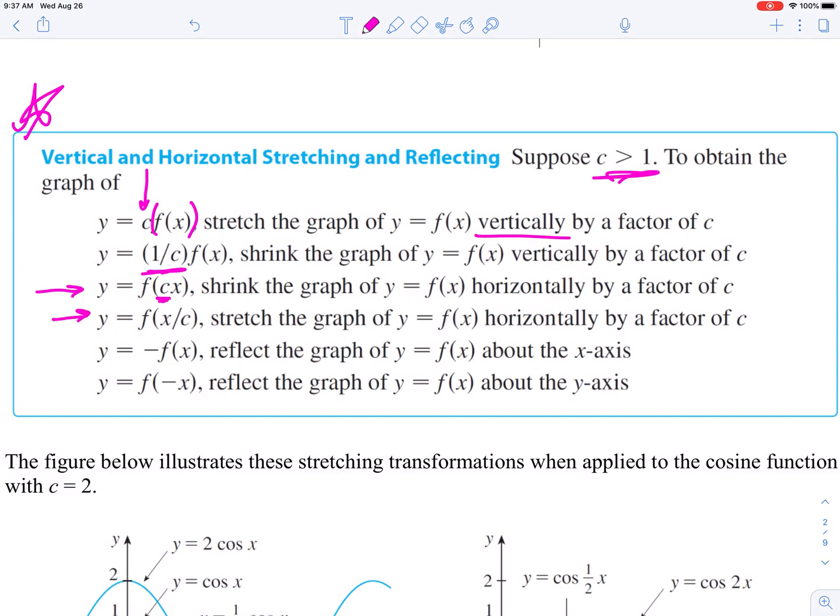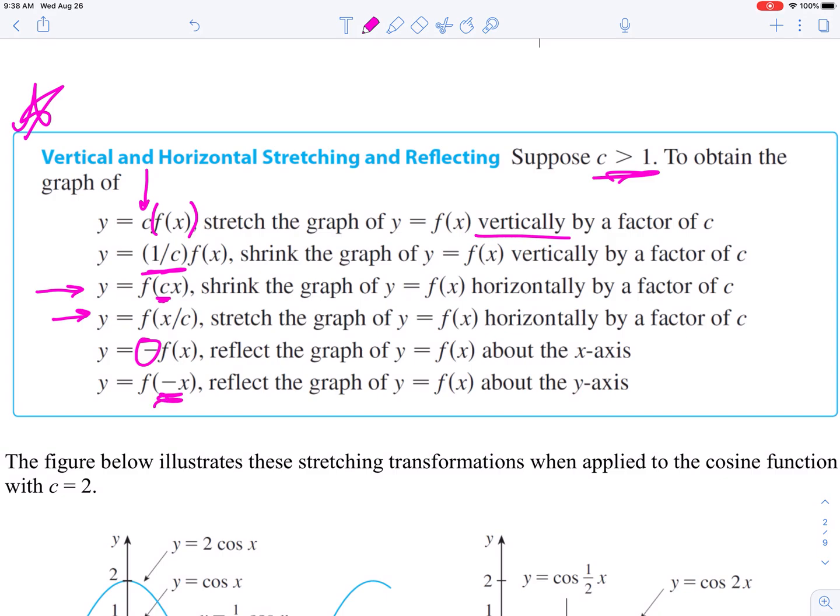Putting a negative in front of the function flips about the x-axis, because in other words, you take any y value and change its sign. So if it was above the x-axis, it now goes below, and vice versa.